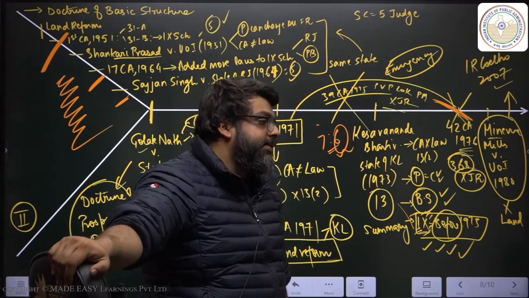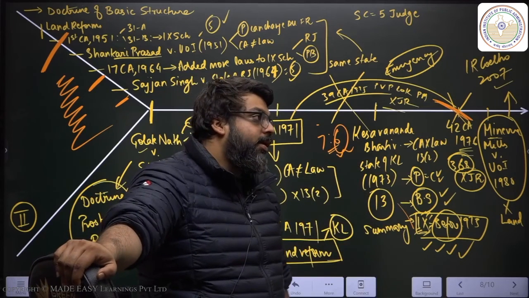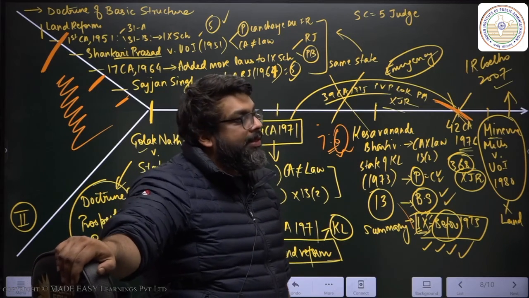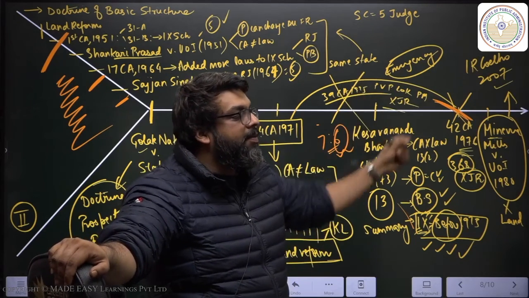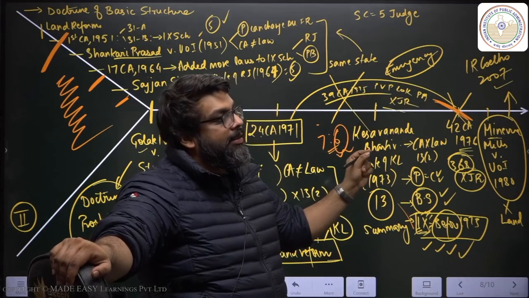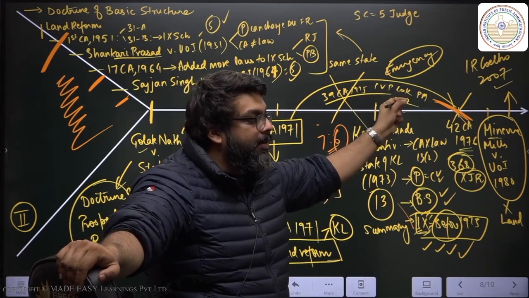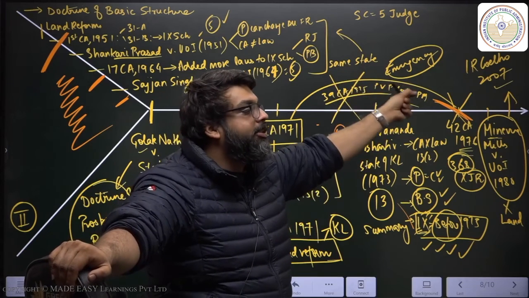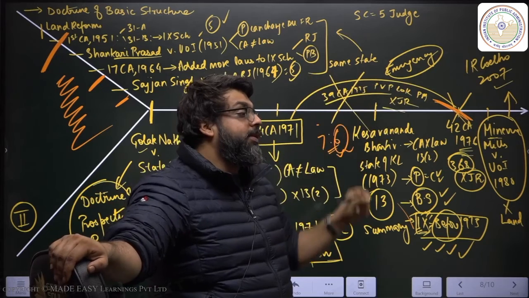These are the facts. And the concluding statements are, constitutionalism means restriction on the powers of the government. Through basic structure, you're restricting the powers of the government to make those changes to the constitution which are non-negotiable for this country.